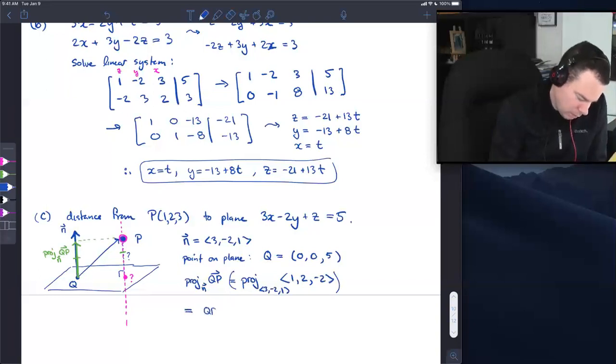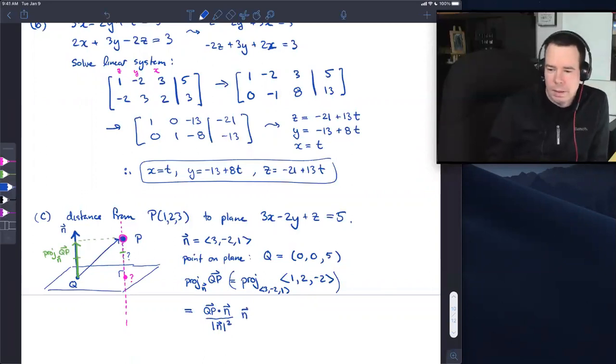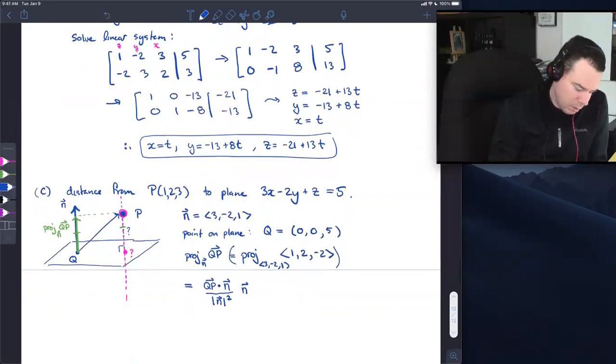That is vector QP dot n over the magnitude of n squared, and that's the component of the projection, and then that's times the direction that we're going in, which is n. So that's the calculation we need to do. The dot product of the two vectors divided by the length of the vector squared, times the vector.